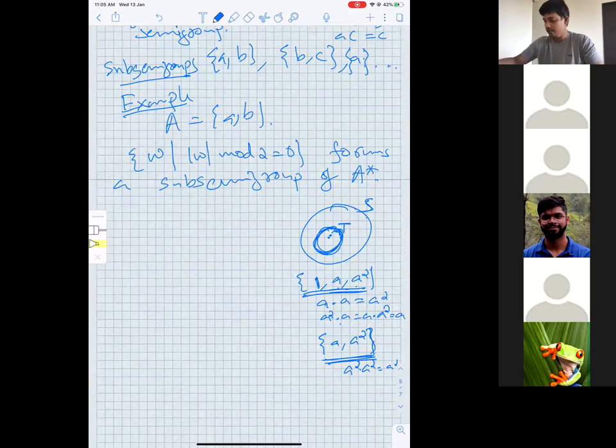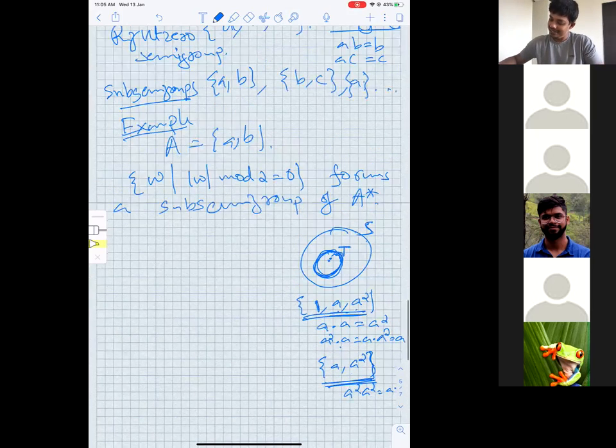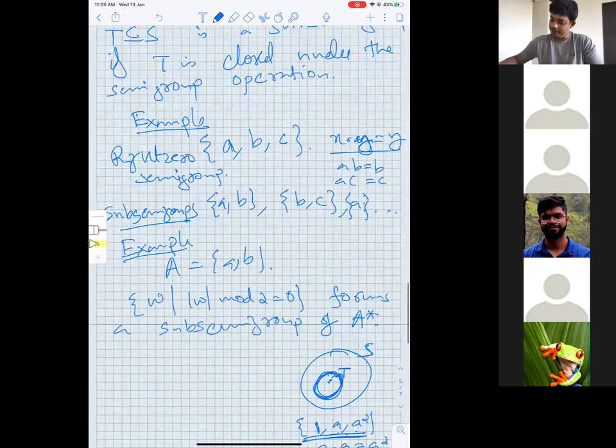So T is a submonoid of S if T and S have the same identity. Similarly for a subgroup of the group S. Otherwise, if the identity is not preserved, you will say T is a subsemigroup of S, even though T is a monoid. I think I'm messing up a lot.